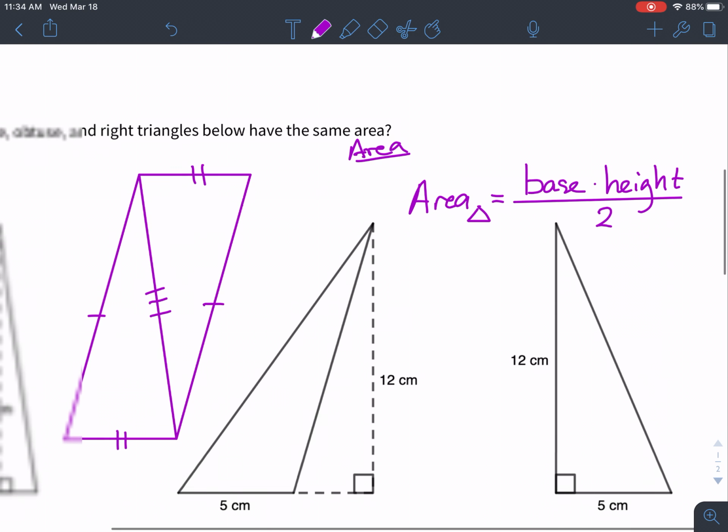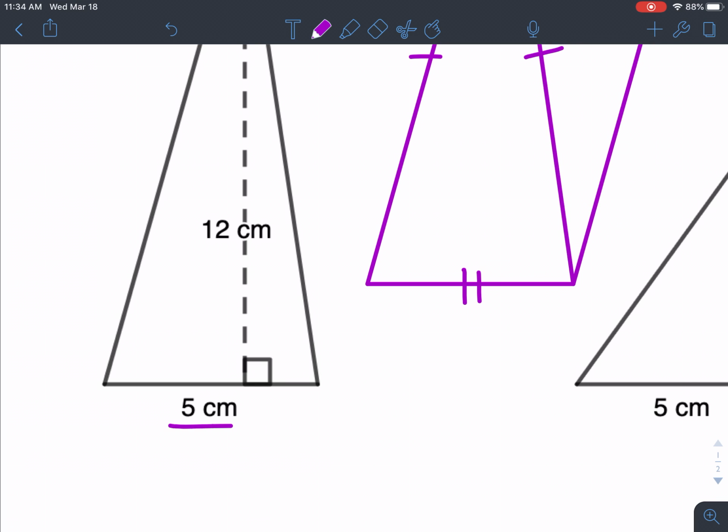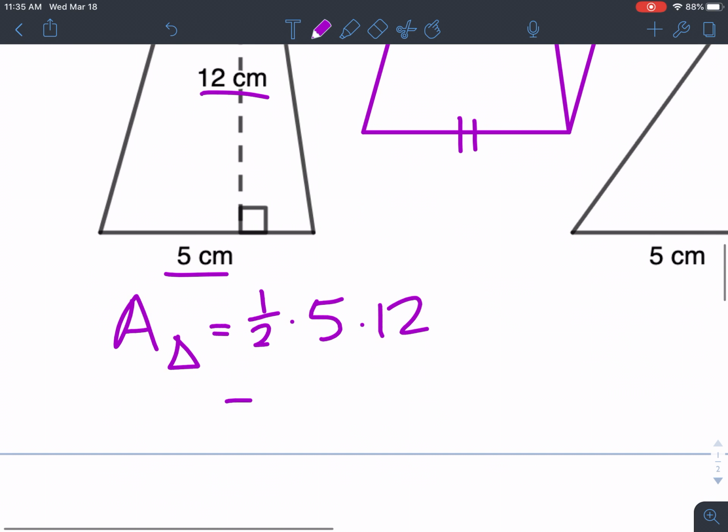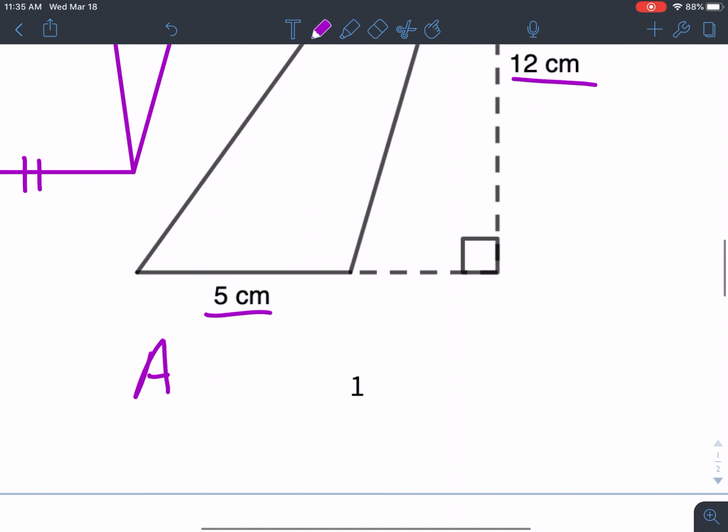So to wind it back, this triangle on the left has a base of 5 and a height of 12. So the area of this triangle is equal to 1/2 times the base times the height, which is going to be equal to 30. In the center, we have a base of 5 and a height of 12. So the area is going to be equal to 1/2 times the base times the height.